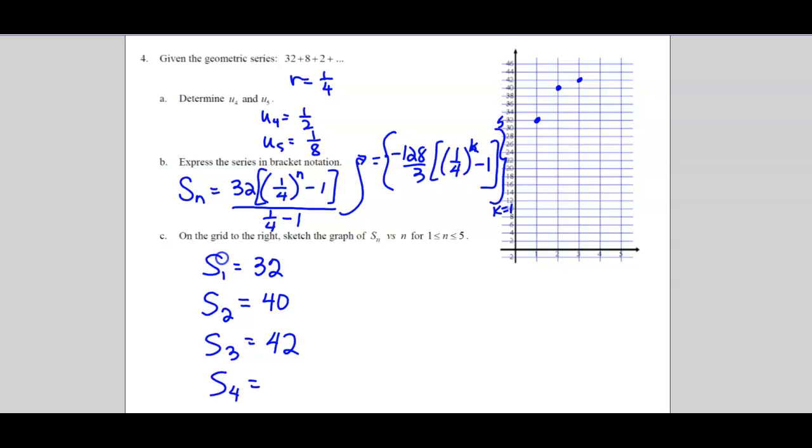So 42 plus a half, we'll just do 42.5. And then S5 would be 42.5 plus 1/8, which would be what? 42.625.